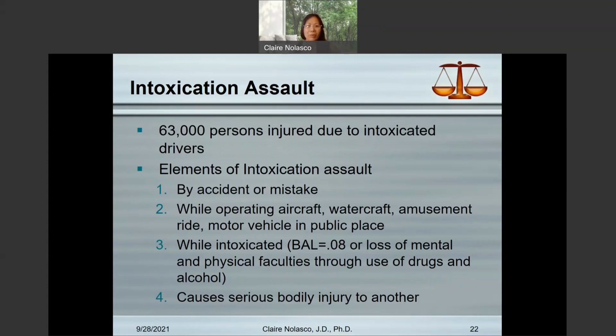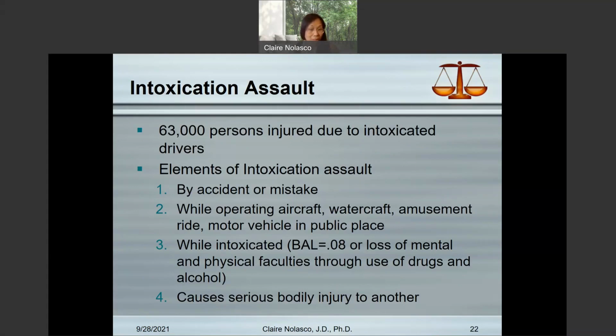What is intoxication assault? The elements of intoxication assault are, first, the mens rea has to be by accident or mistake. Second, the offender is operating an aircraft, watercraft, amusement ride, or motor vehicle in a public place. Third element is that the offender is intoxicated.